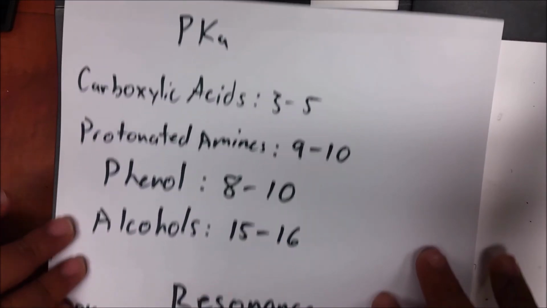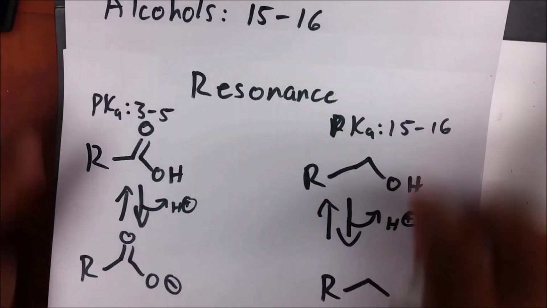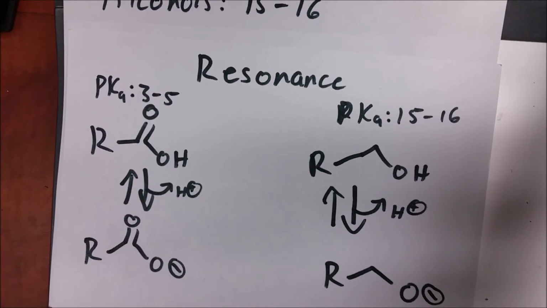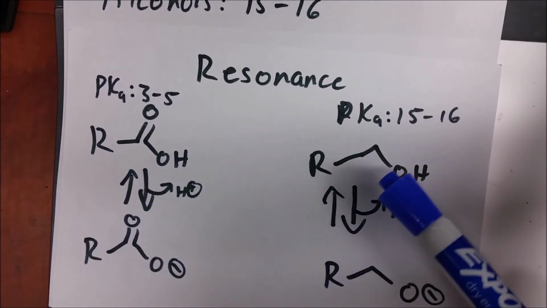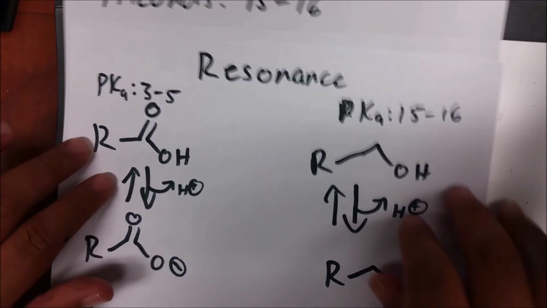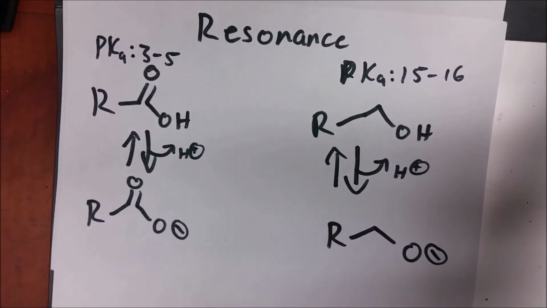The first thing we might want to look at is your resonance. So here we have a carboxylic acid and we have an alcohol. So in both cases we deprotonated the oxygen to be left with an O- and an O-.